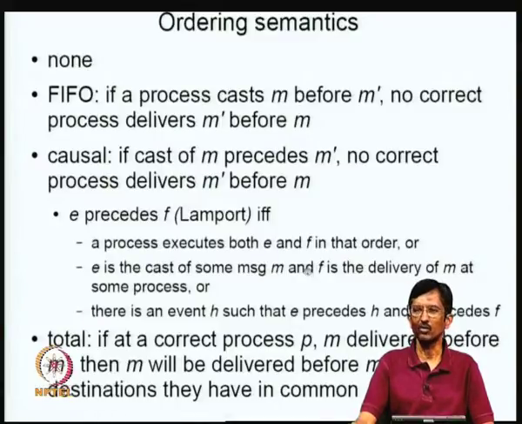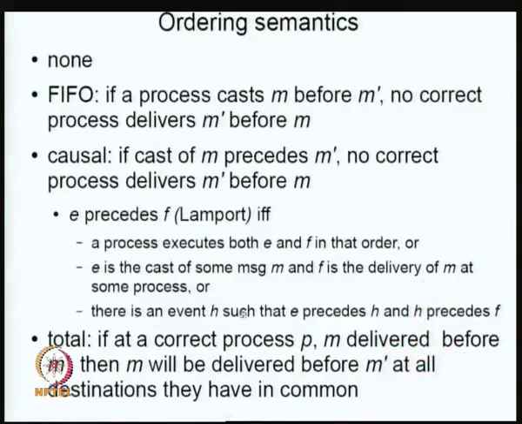That is the obvious reason why E has to be before F. Or there is a transitive closure, where we are saying that E is before H and H is before F, therefore you can say E is before F. So if it is causal, in case the cast of M precedes M prime, then you want to make sure that no correct process delivers M prime before M.